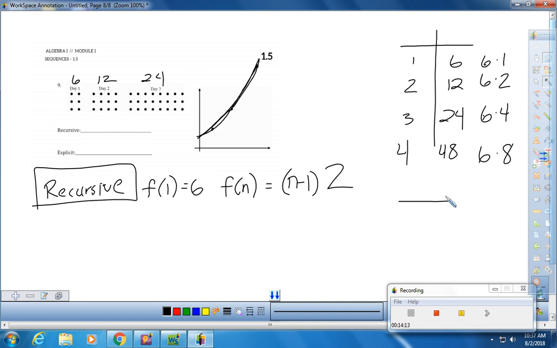Alright, so let's go back and do it again. 1, 2, 3, 4. 6 times 2 to the 0. 6 times 2 to the first. 6 times 2 squared. 6 times 2 cubed. So once again, this is going to be 6 times 2 to the n minus 1.